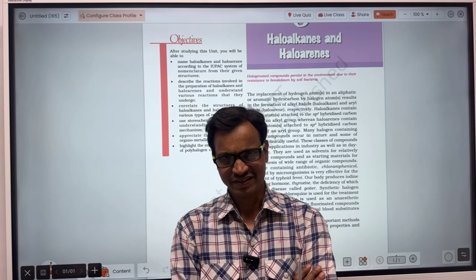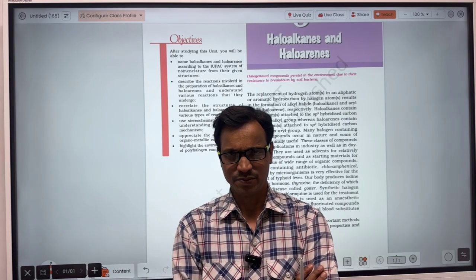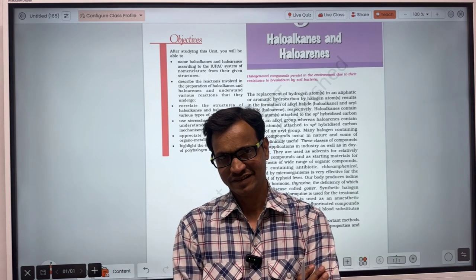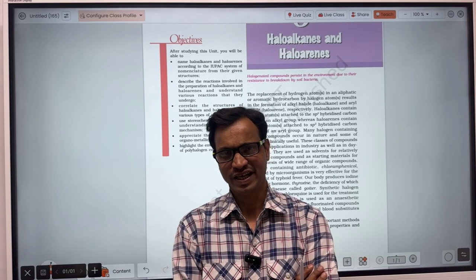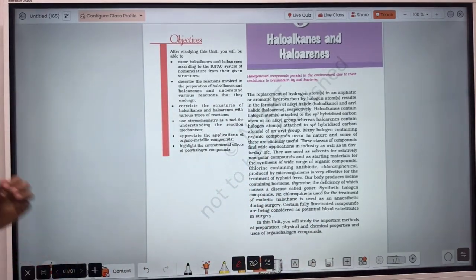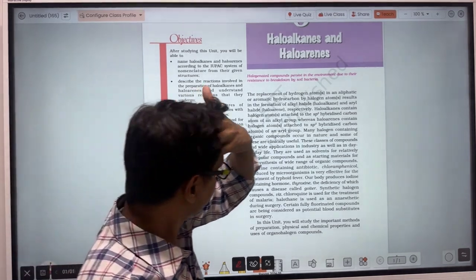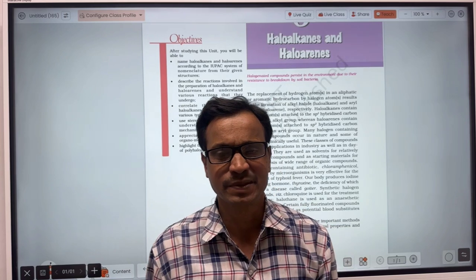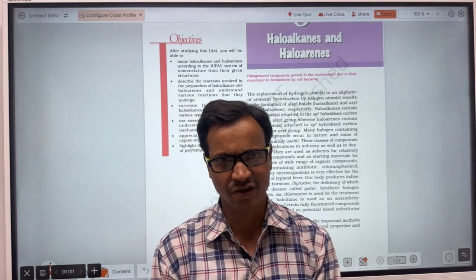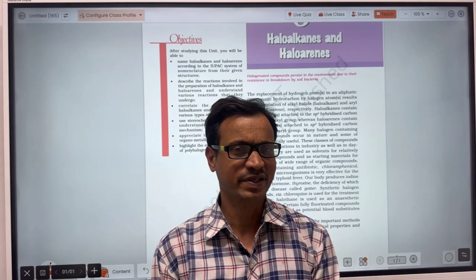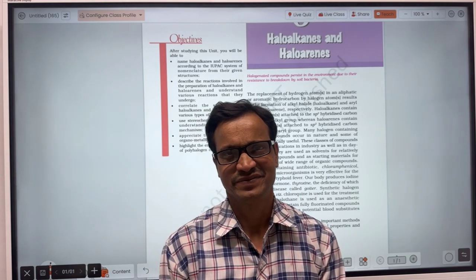And when the halogen replaces the hydrogen of an aromatic hydrocarbon, then the compound is called haloarene.